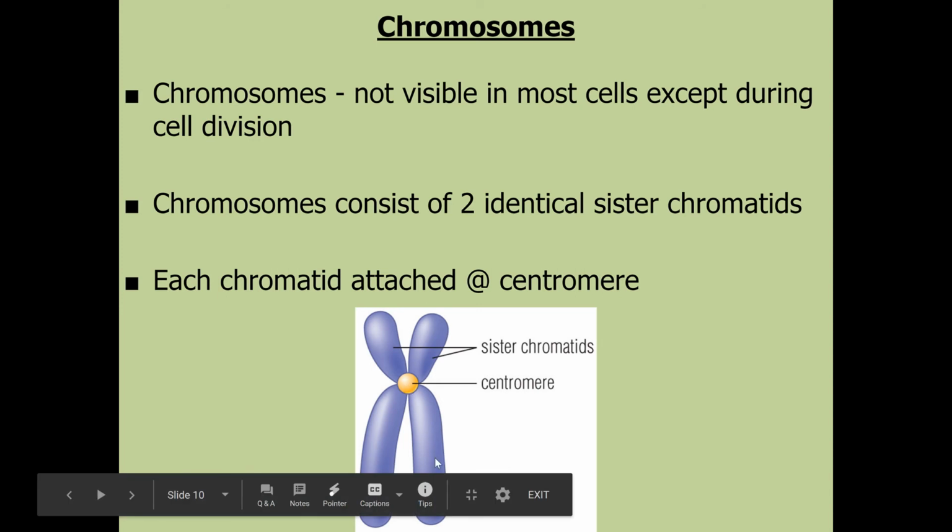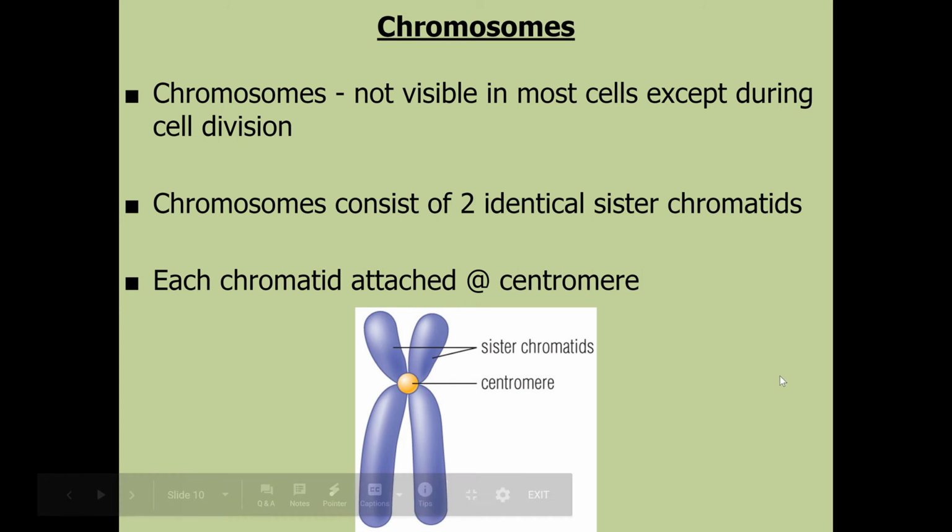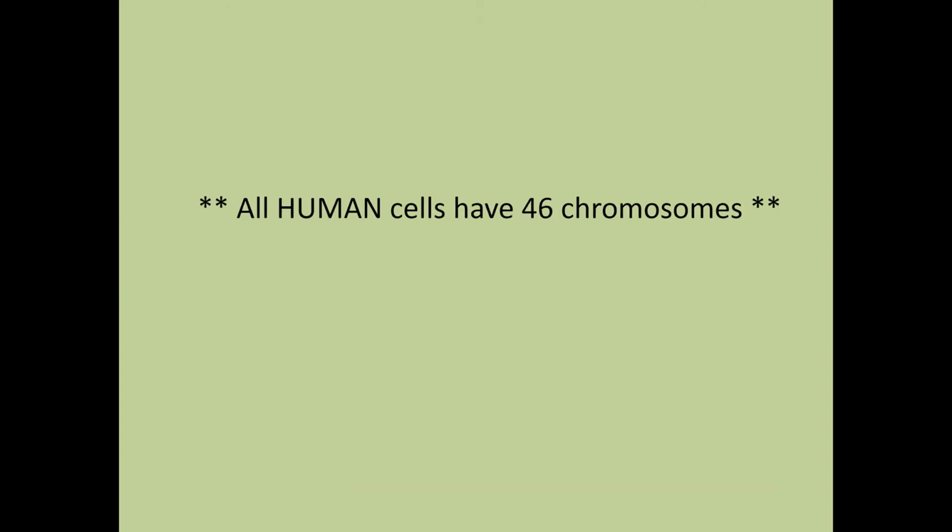And two of these chromatids equals one chromosome. All human cells have 46 chromosomes. There are different numbers of chromosomes when you go through all of the plants and animals and other things. There are different numbers of chromosomes, but for our sake, you need to know that humans have 46 chromosomes.